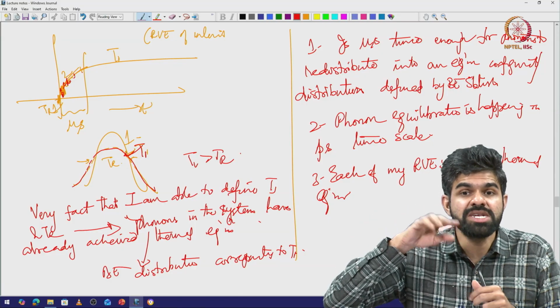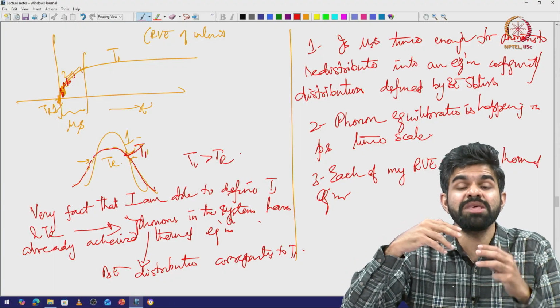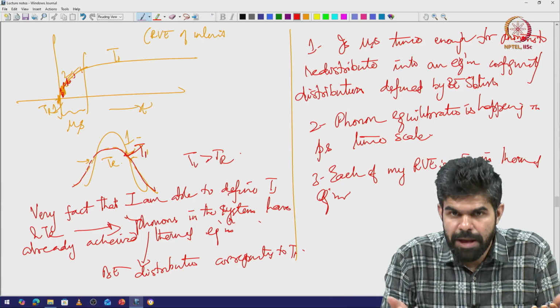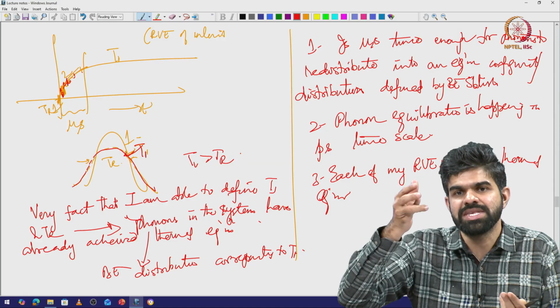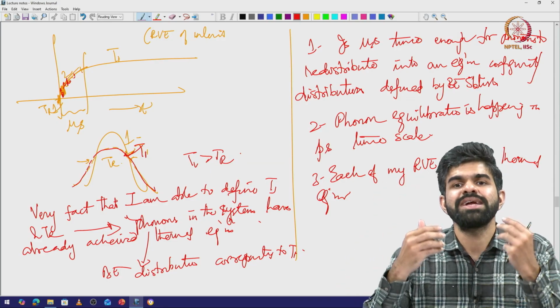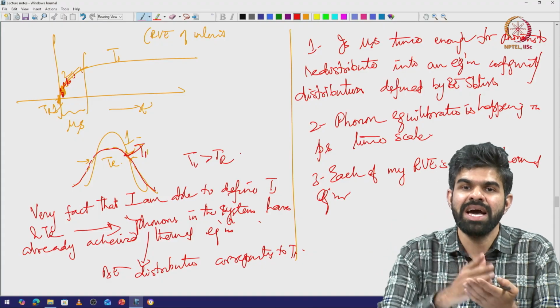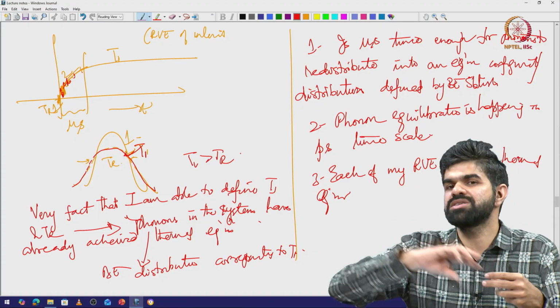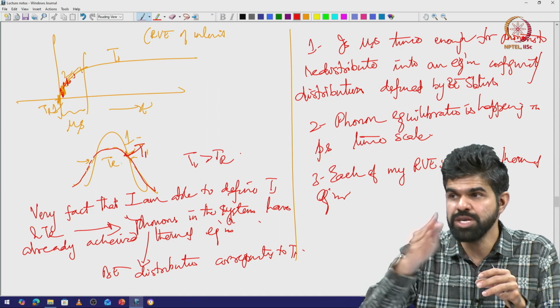So the distribution equilibration is much faster than the rate at which I am transporting this heat, right. As a result, for all these heat transport equations, it makes sense that I can define temperatures at each of these points, right.